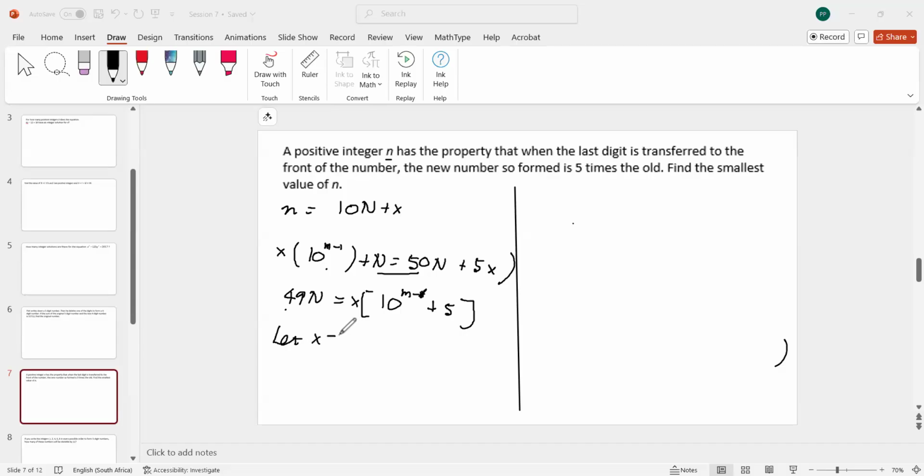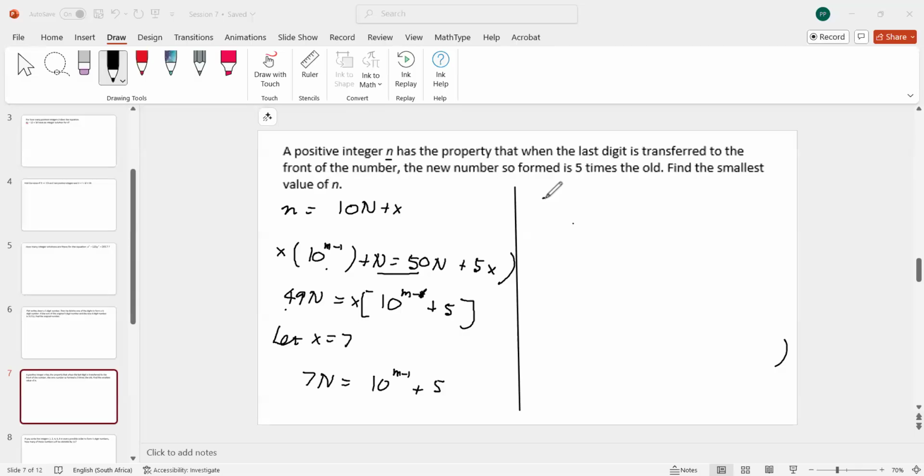Let's see what happens. Then what you have is 7n, right? The 7's cancel, is equal to 10 to the power of m minus 1 plus 5. So 7n is equal to this, x cancels. And now what are the different values?